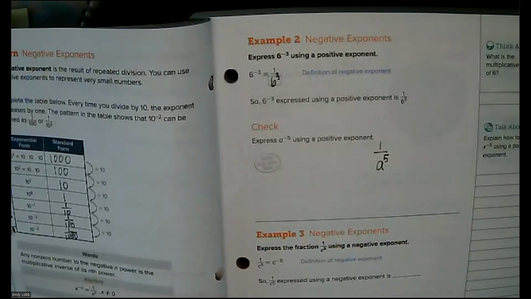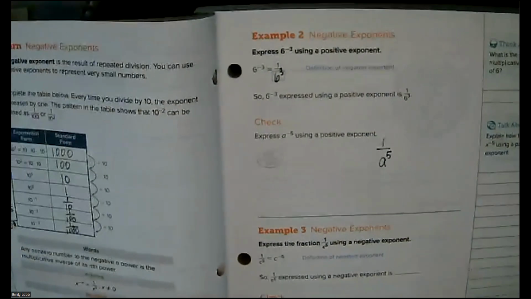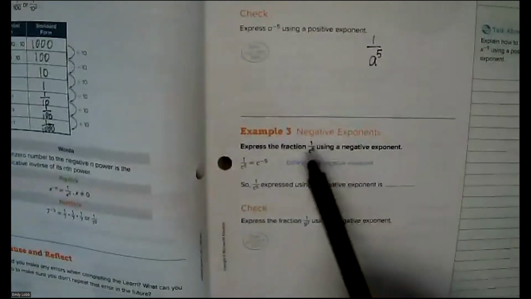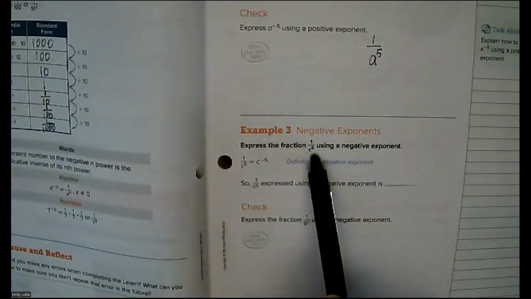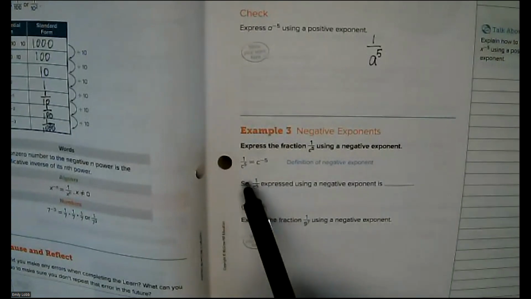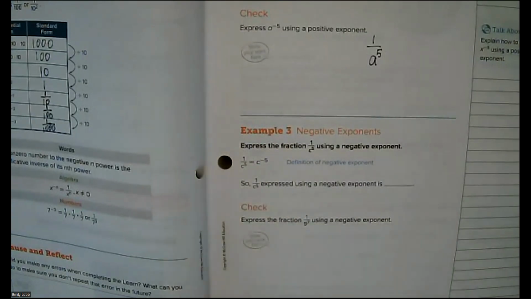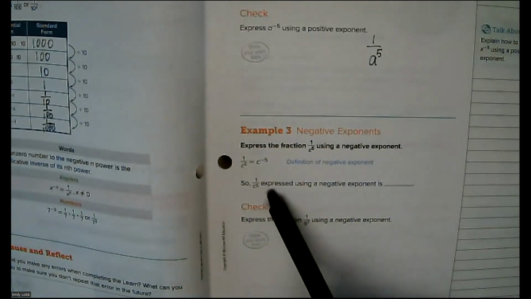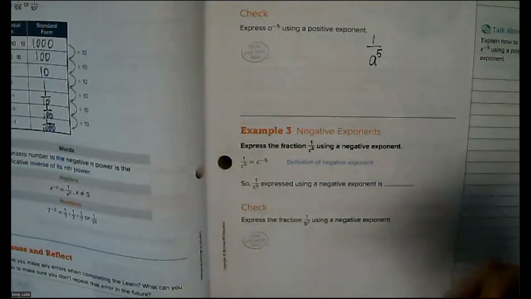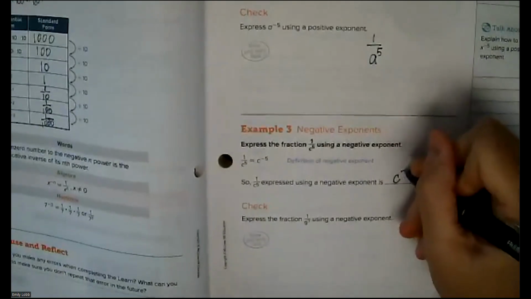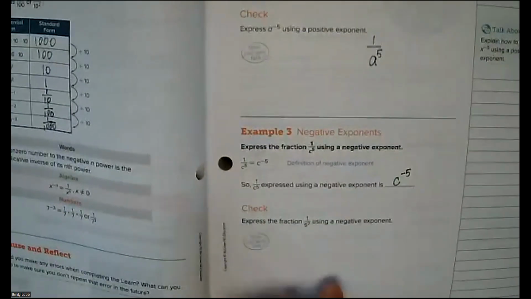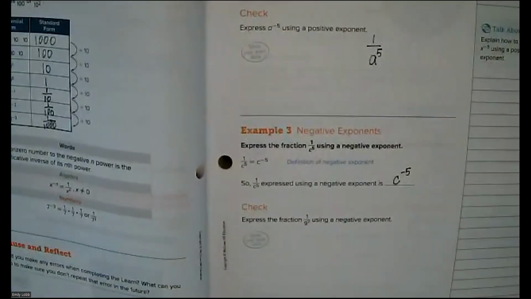So we need to understand how to go from negative exponent to positive exponent. And we also need to understand how to go from expressing a fraction using a negative exponent. So 1 over c to the 5th is really c to the negative 5th. How would I express 1 over 9 to the 7th using a negative exponent?